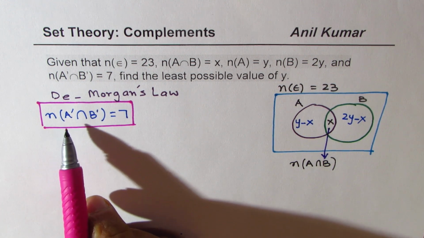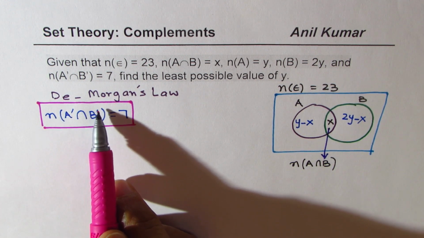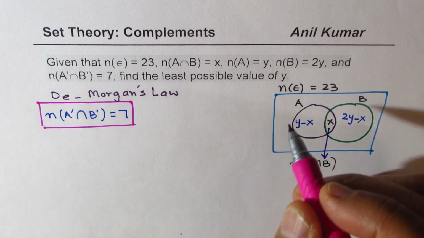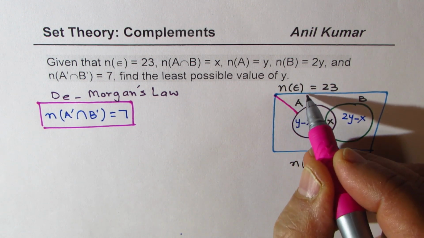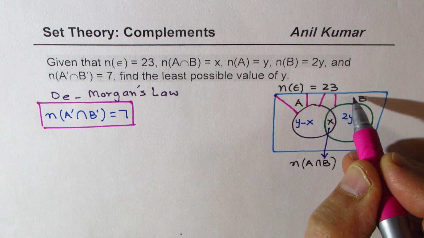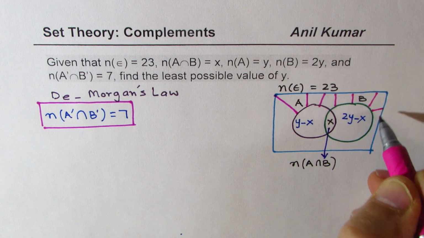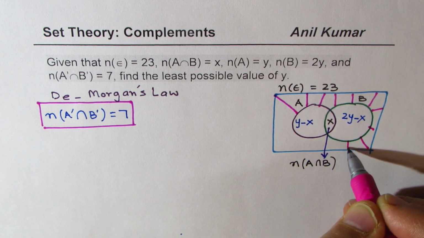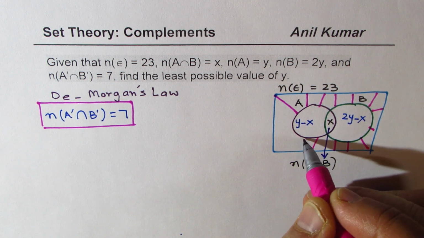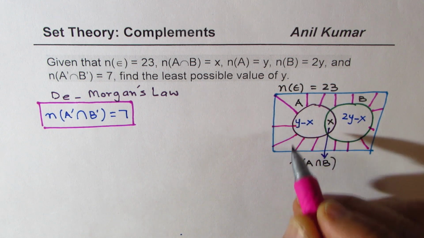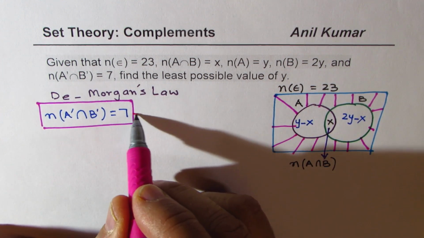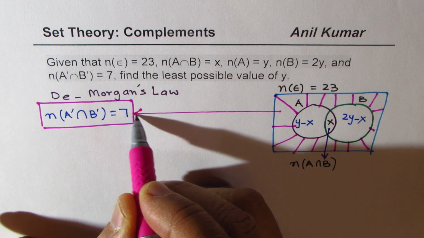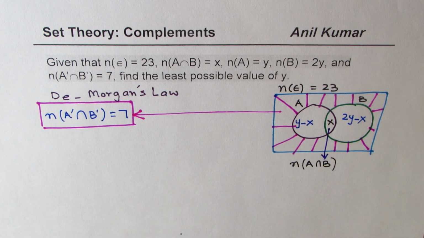So when we say outside A, outside B and its intersection, we are trying to say this portion. Do you understand? So it is this portion. That is what we are trying to say. And the number of elements here is 7.